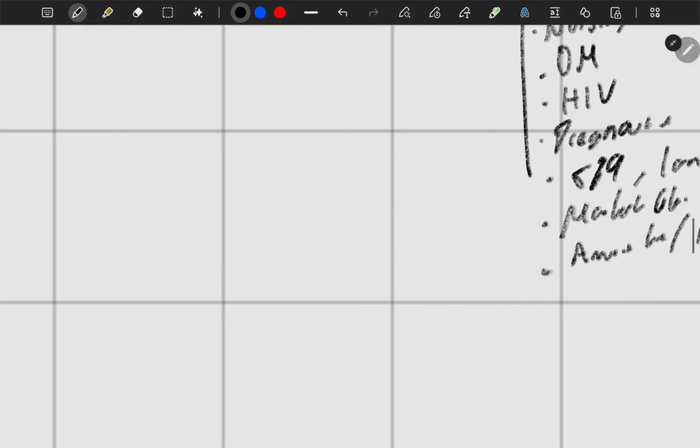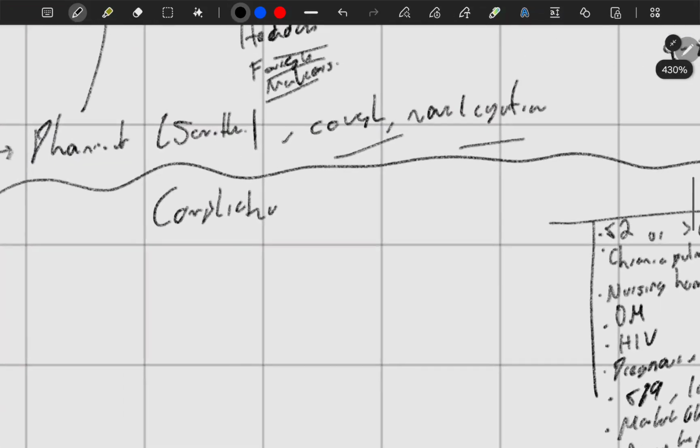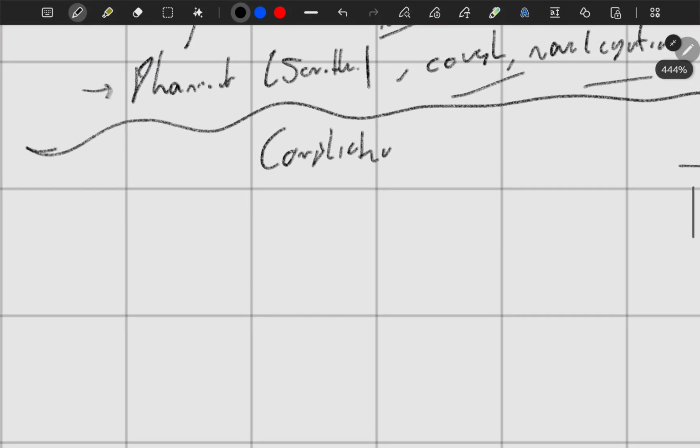So, the complicated influenza: we have pulmonary complications, and those include primary viral pneumonia or secondary bacterial pneumonia.